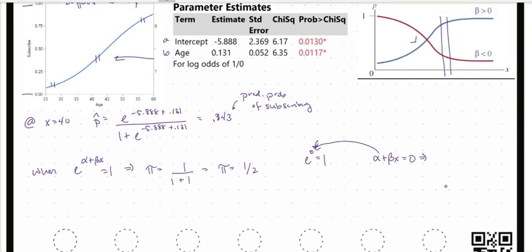That just means beta x equals negative alpha. And I'm going to do my algebra to solve for x. So when x equals negative alpha over beta, that's going to give me e to the 0. And when I have e to the 0, then I've got a probability of success of 1/2.